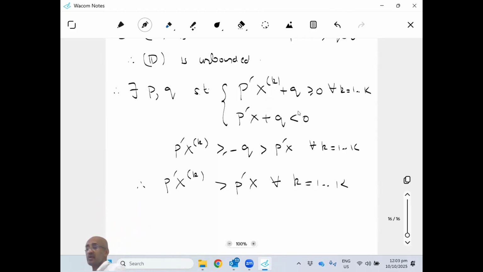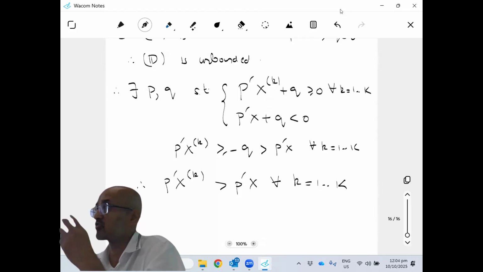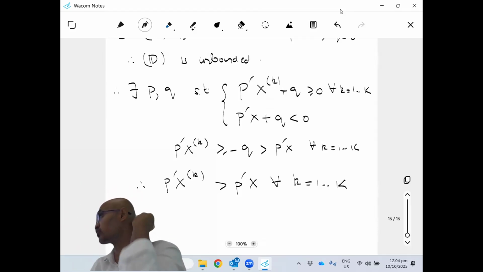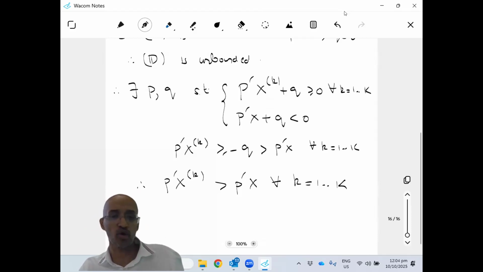So you can find me a p vector so that for this point x, which was in the set P but not in Q, I can make this p transpose x strictly less than the values for each extreme point. Now we're going to create a contradiction.